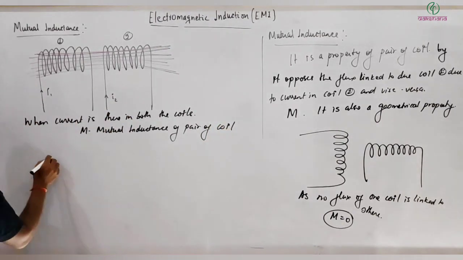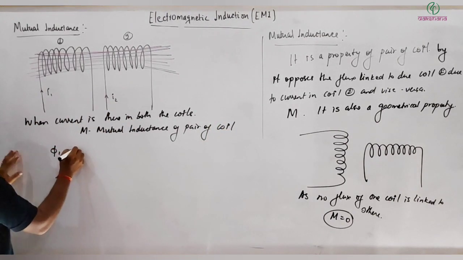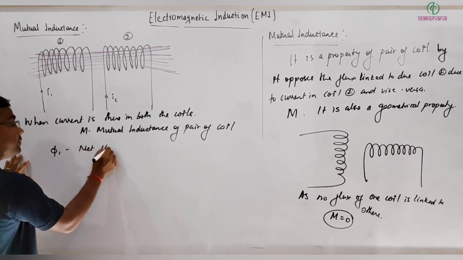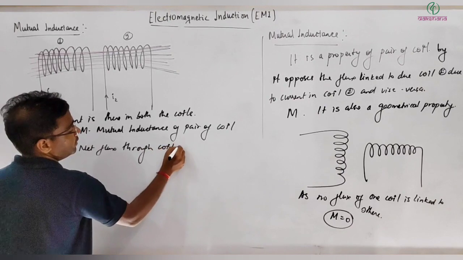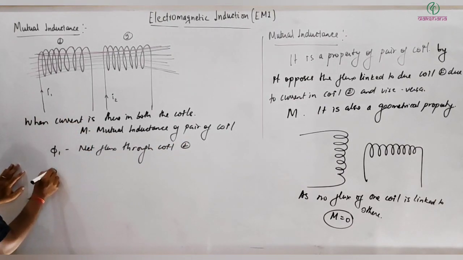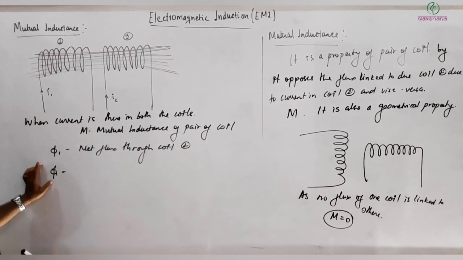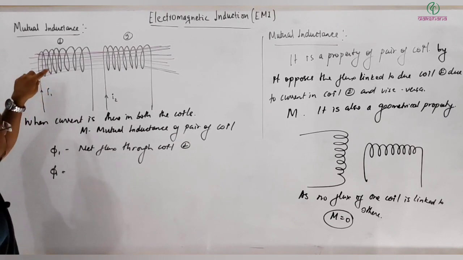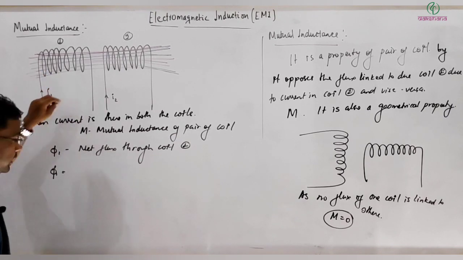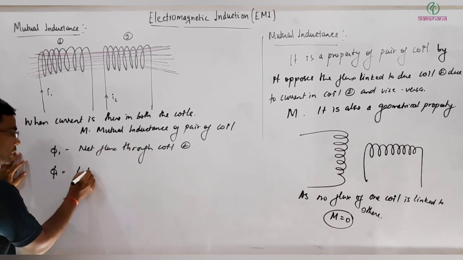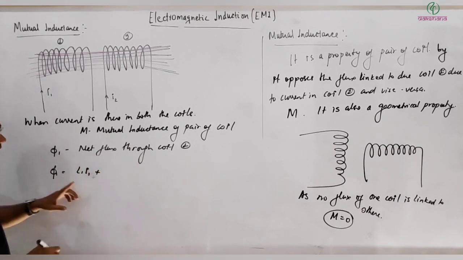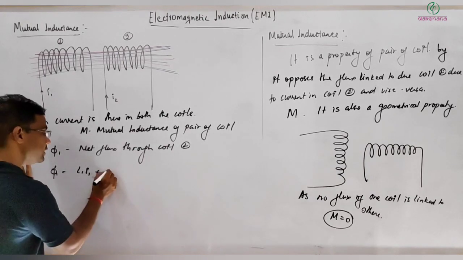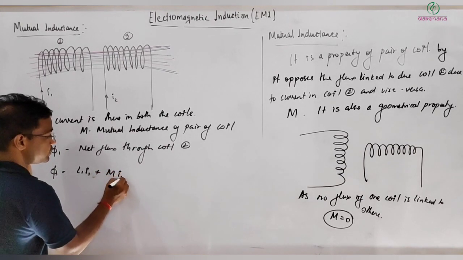Then phi 1 is the net flux through coil 1. This phi 1 can be written as: one is the flux linked to coil 1 due to current in coil 1, that I can write as L1 I1, plus there is another mutual term, M and I2.